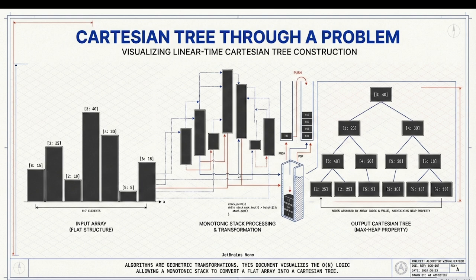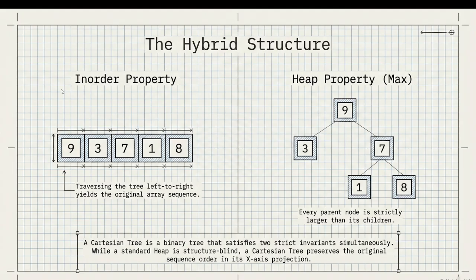So it exhibits both properties: traversing in order gives the array, and the node is always greater or less than its children.